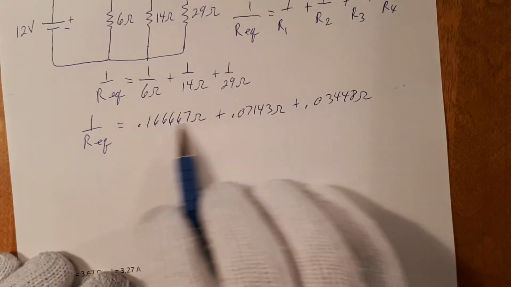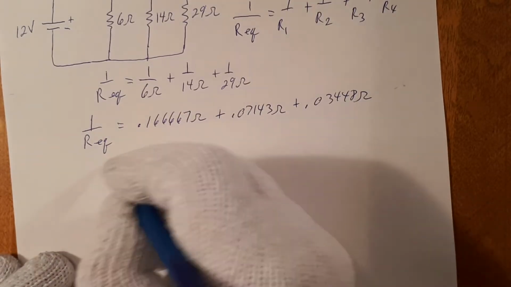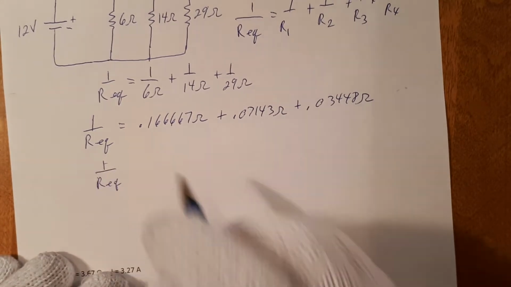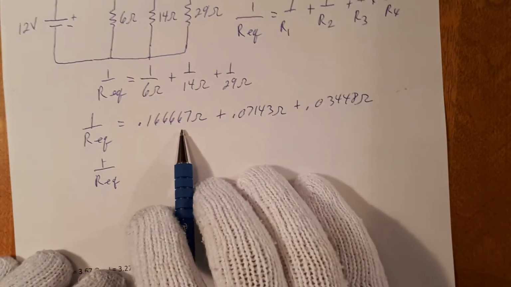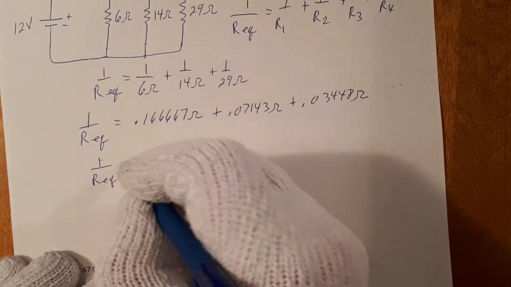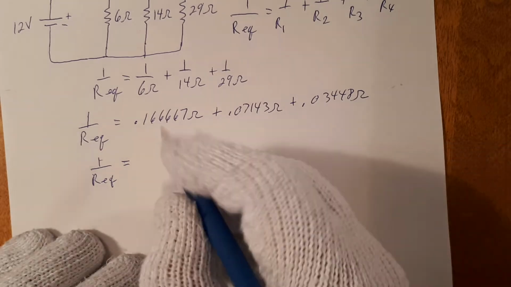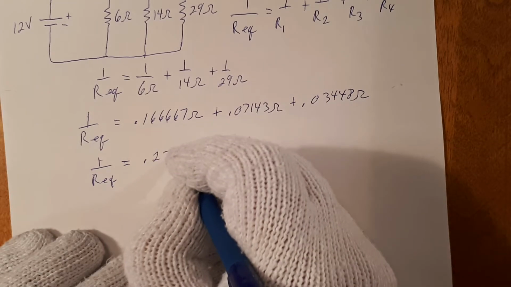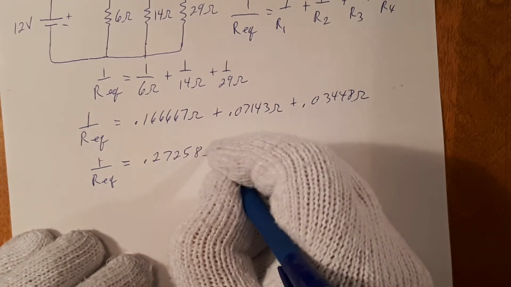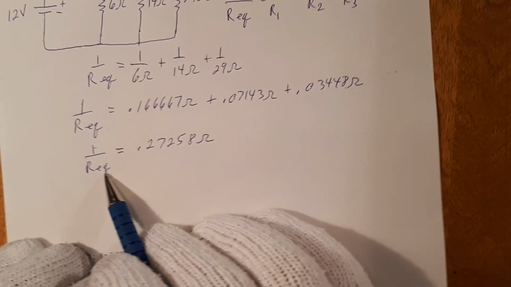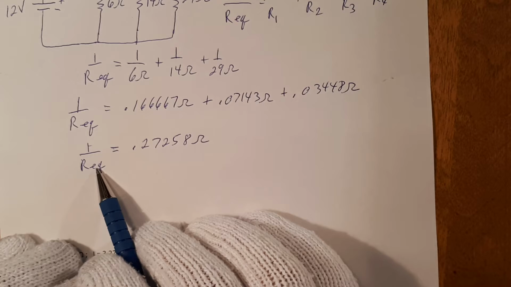So doing this addition here, you have to keep in mind that once you do this addition, it is not the end of finding the equivalent resistance. We have one more step to do. So adding all of these up, the answer is 0.27258 ohms. But the equivalent resistance we're looking for is here in the denominator.